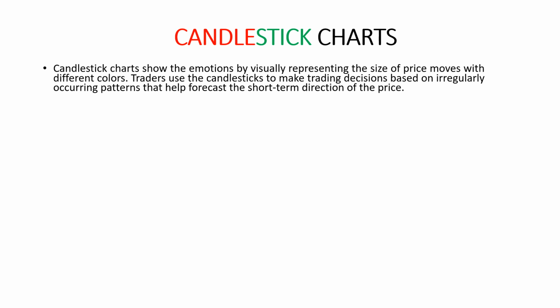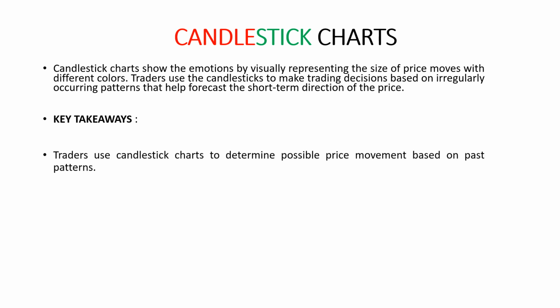So friends, candlestick charts show the emotions by visually representing the size of price moves with different colors. Traders use these candlesticks to make trading decisions based on irregularly occurring patterns that help forecast the short-term direction of the price. Clear?